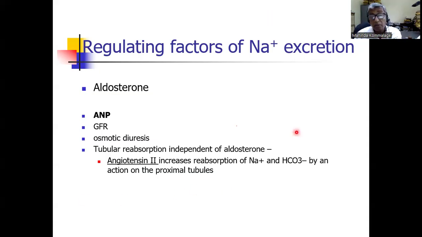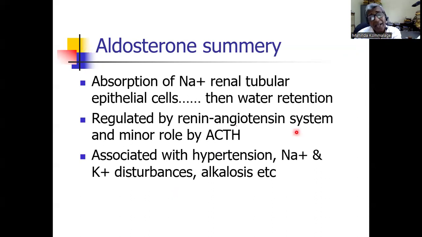Right. Okay. As a summary about aldosterone so far, what are the main actions? Aldosterone reabsorbs sodium in the renal tubule. And of course, by reabsorbing sodium, it facilitates water reabsorption. At the same time, it removes potassium and H+. It is regulated by the renin-angiotensin system and not much by ACTH.